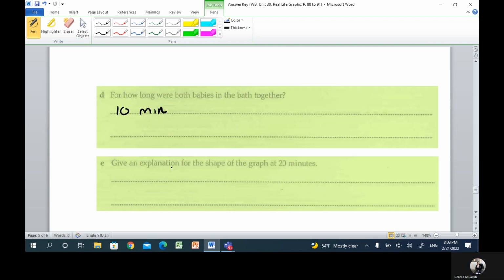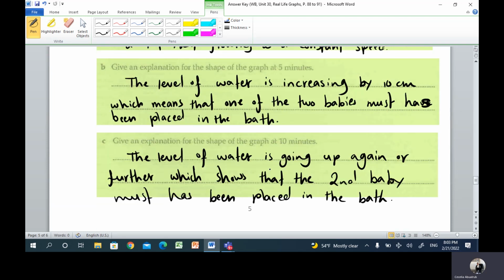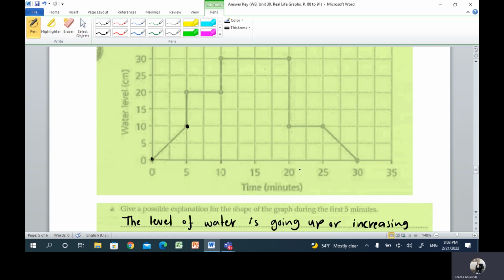Give an explanation for the shape of the graph at 20 minutes. So if you go here at 20 minutes, both babies have been taken out from the bath.